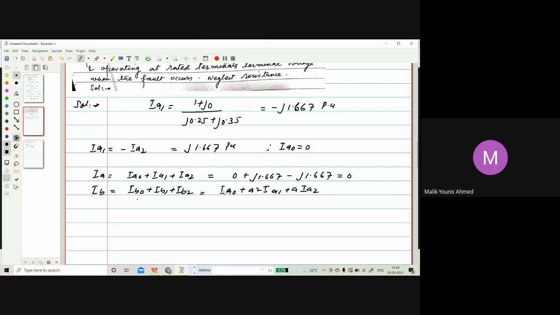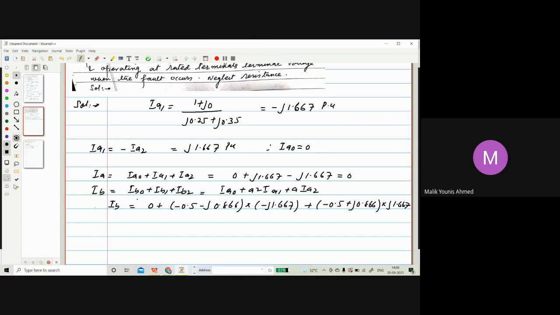If you substitute the respective values, IB will be I0 is 0 plus A square, which is minus 0.5 minus j0.866, multiplied by IA1, which is minus j1.667, plus minus 0.5 plus j0.866 into IA2, and IA2 is j1.667.